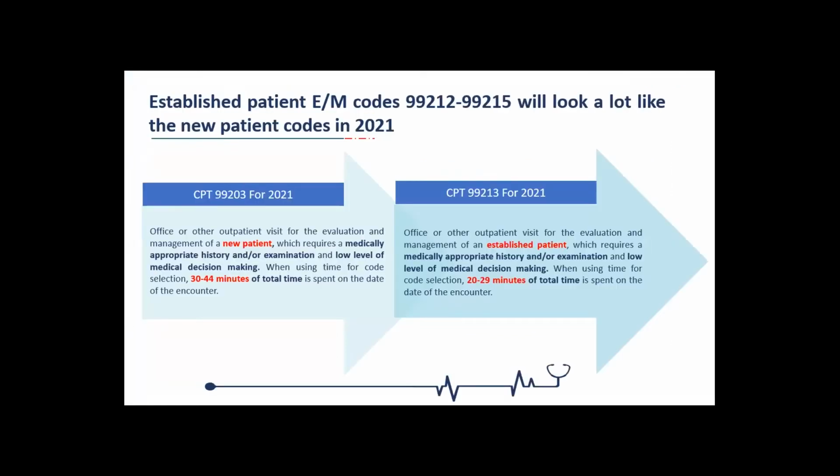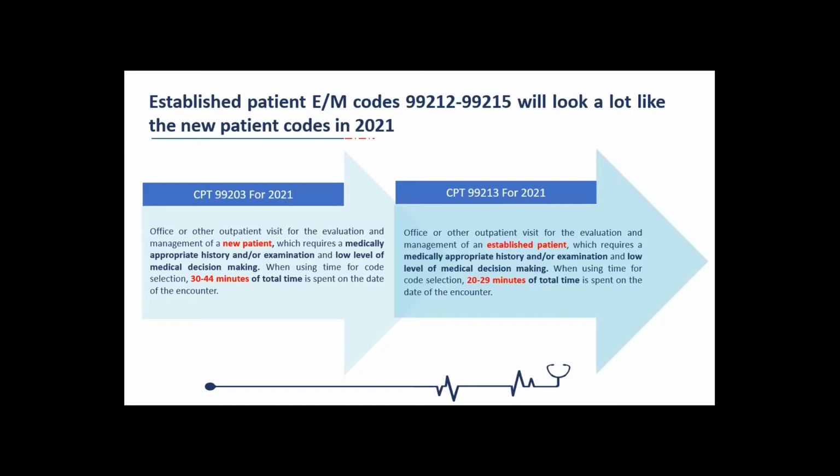Let's quickly compare a new patient code with an established patient code for 2021, because both the codes will look alike, and the only difference is that one refers to a new patient and the other to an established patient. Both the codes will require a medically appropriate history and/or examination and the level of medical decision making.